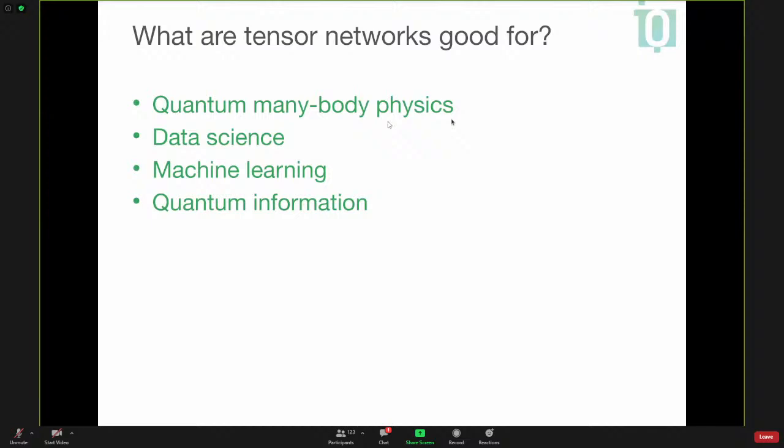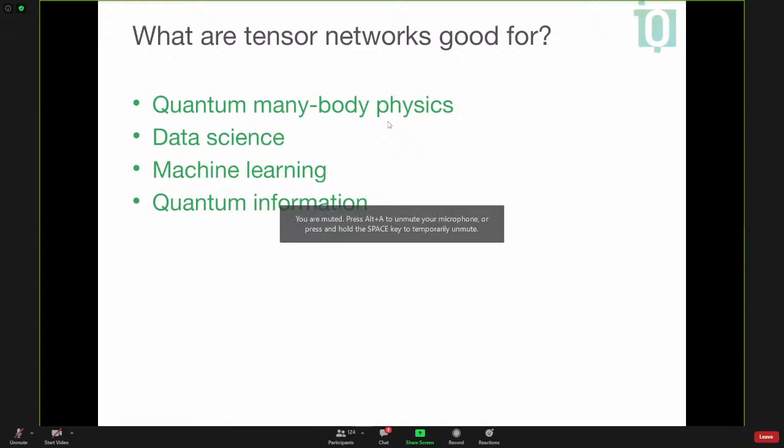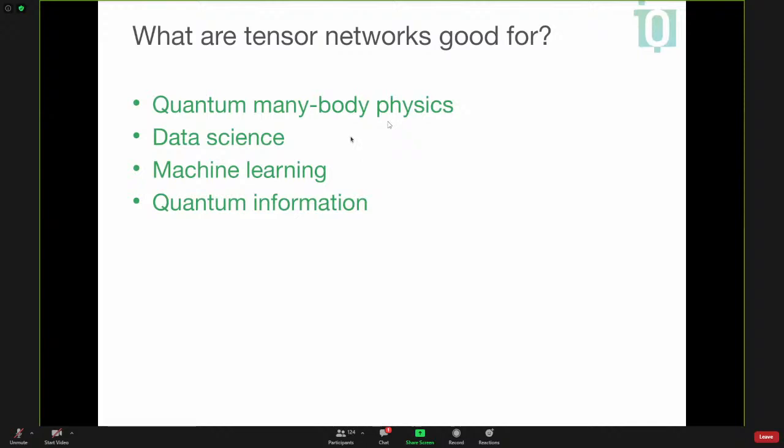People then started doing time evolution of quantum systems, etc. Later on, tensor networks found quite a bit of application in data science as sparse representations of data structures. Because if you have some intricately correlated data structure, instead of writing a big array to store all the things that need to be stored in the data structure, you might instead store it in a tensor network in a much more compact way.